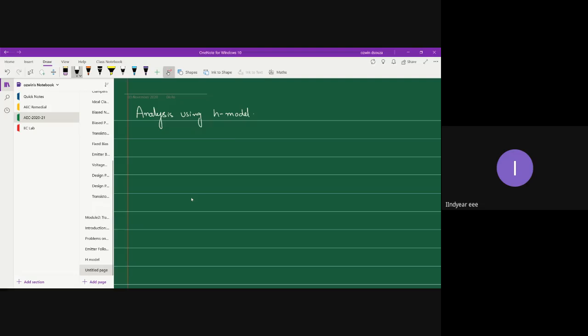Okay, for the analysis sake, I'll consider only one circuit. Whatever steps we follow in this particular circuit can also be used for any other circuit. So to begin with, I'll consider the voltage divider amplifier. Okay, in short, voltage divider bias AC amplifier analysis.